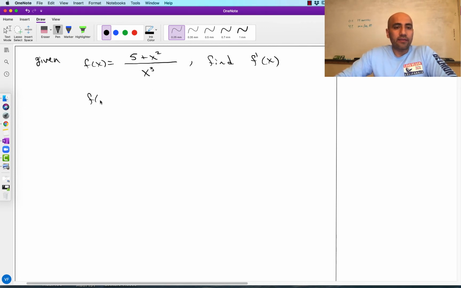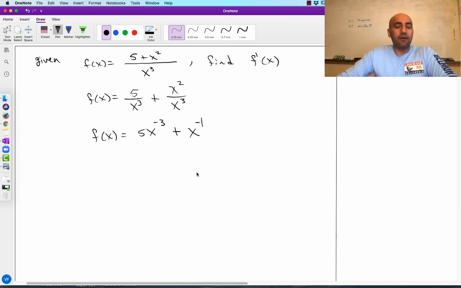We can simplify these and separate it as 5 over x to the third power plus x squared over x to the third power, right? And then that easily simplifies as being 5x to the negative third power plus, and then these reduce, and we end up with 1 over x, which is the same thing as x to the negative 1 power.